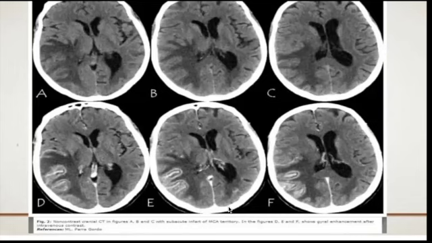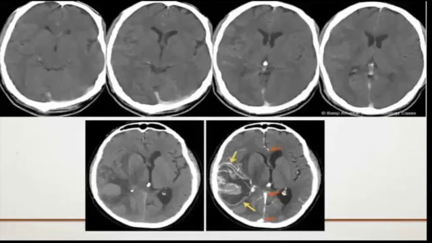Now, a lot of neurologists get a lot of fun from understanding which part of the brain is infarcted just by physical examination. However, in actual practice, you always have to get a CT to know which part of the brain is infarcted. You cannot solely rely on physical examination.